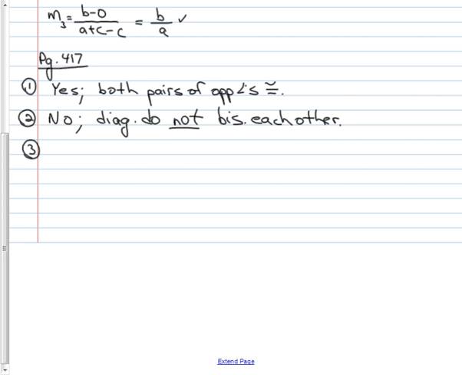Charmin is building the kite shown below. She wants to be sure that the string around her frame forms a parallelogram before she secures the material to it. How can she use the measures of the wooden portion of the frame? And so you can kind of see where they have the wood portion of the frame and where it is string. The light black lines are the string and the heavier brown lines are the wood.